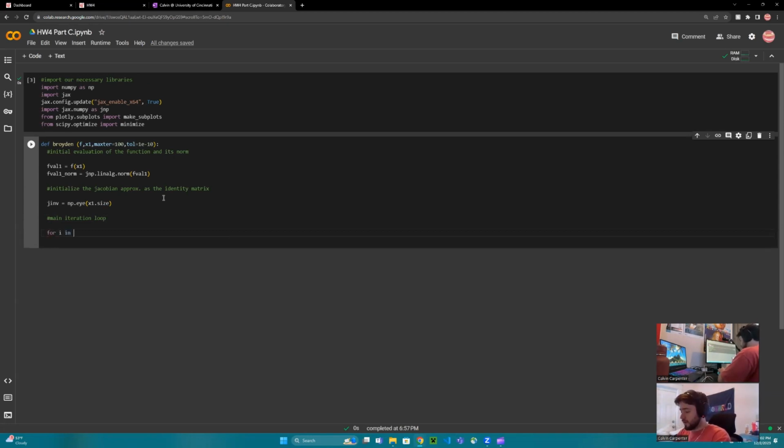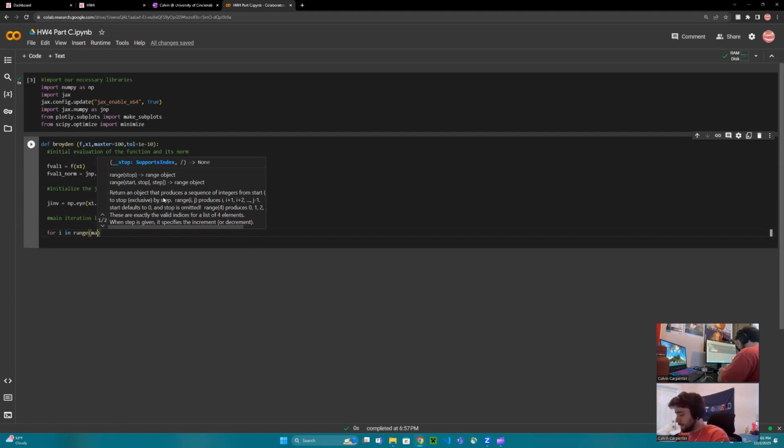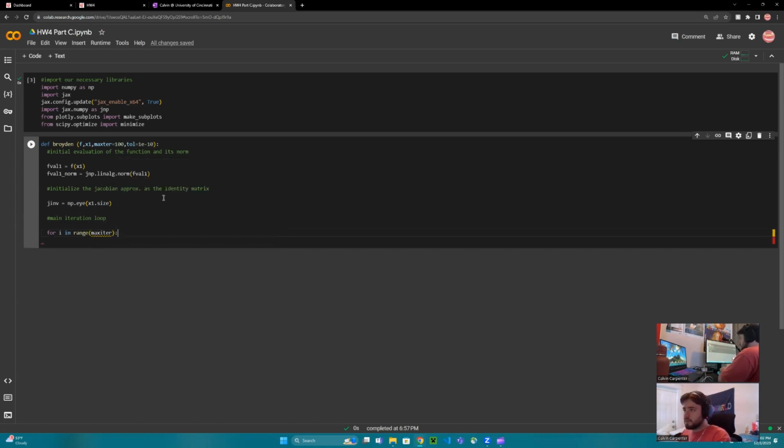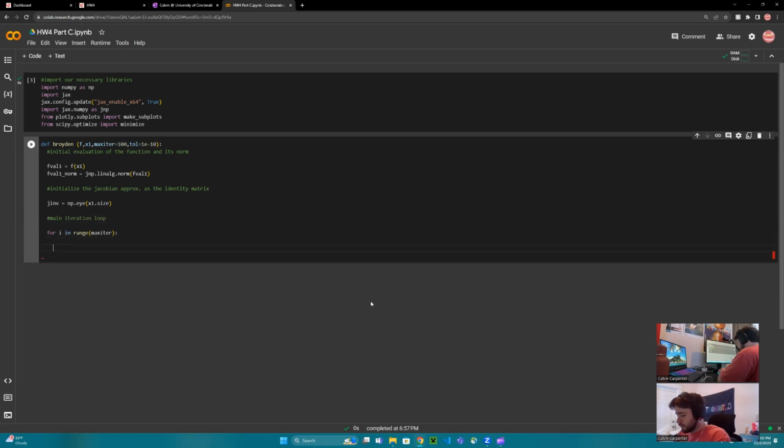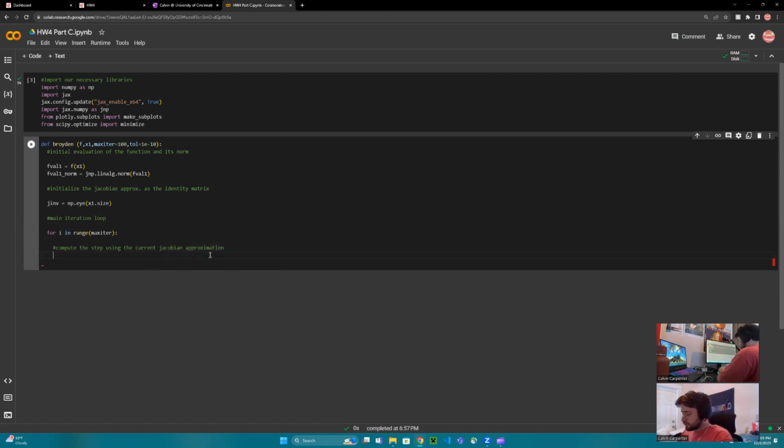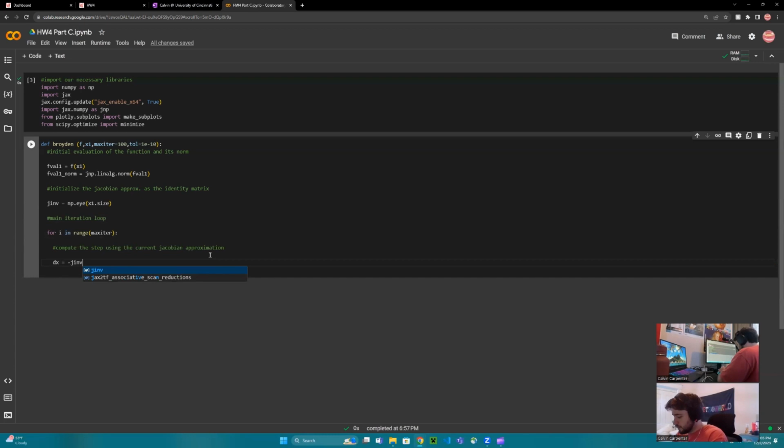For i in range max iter, compute the step using the Jacobian approximation. dx equal to negative JINV vector multiplied with fval1 as defined before.